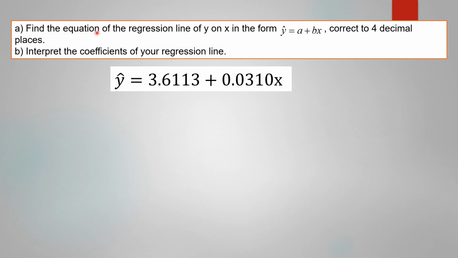From A just now, we already get our regression line, y hat equals 3.6113 plus 0.0310x. The next part, we need to interpret the coefficient of the regression line, where we need to interpret the coefficient for A and the coefficient for B.